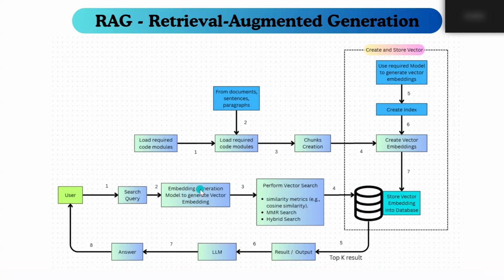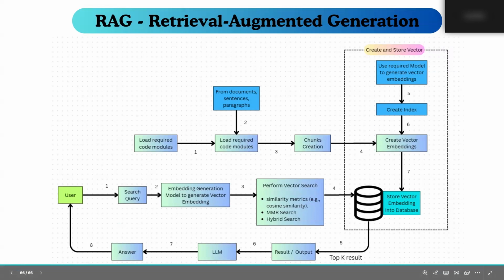That particular query will also get converted into numbers, and those numbers are nothing but a vector embedding. Then similarity search comes into the picture. It compares the query vector with the stored vectors in the database to find the most similar or relevant pieces of information, and it will return the top k results. So whatever number we pass, it will return that many results to us.